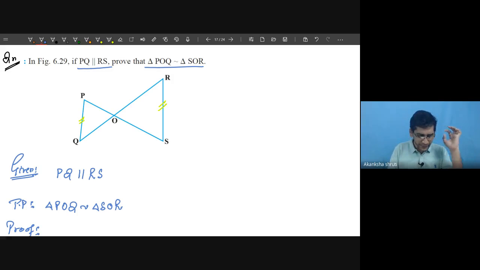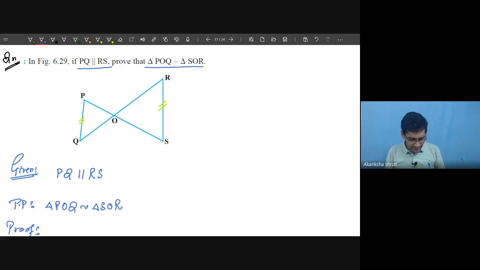Student, PQ is parallel to RS. From this, what can we conclude? Wherever there are parallel lines, their corresponding angles are equal, their alternate interior angles are equal. If two lines are intersecting, vertically opposite angles are equal. These are the very basics of geometry. So these things are always available with us.